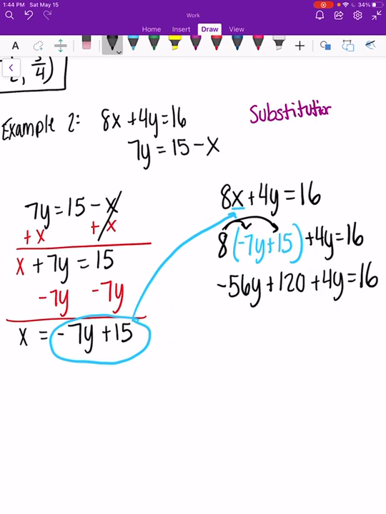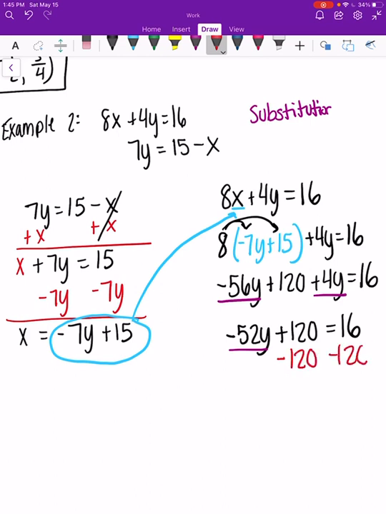Now I can combine my like terms. I have negative 56y plus 4y, which equals negative 52y. And then plus 120 equals 16. Now I'm going to solve for y, so I need to get rid of the 120. So I'm going to subtract it from both sides of the equal sign.